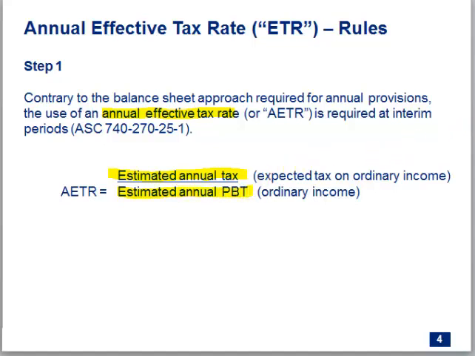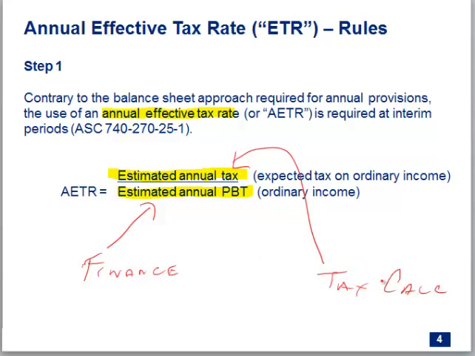The finance team, the FP&A guys, is going to give you that denominator. They're going to tell you, this is what we're forecasting for the year. So this number, this is coming from finance usually. This is not a tax number. But this number, tax has to calculate.